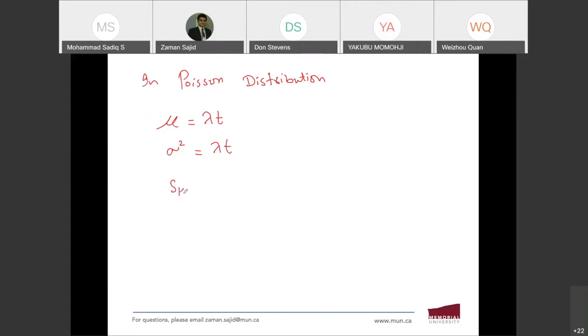Skewness is the square root of 1 over lambda t. Kurtosis is 1 over lambda t. Okay, so these are the formulas for your Poisson distribution.